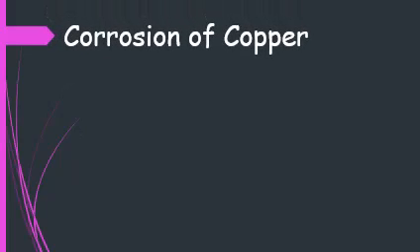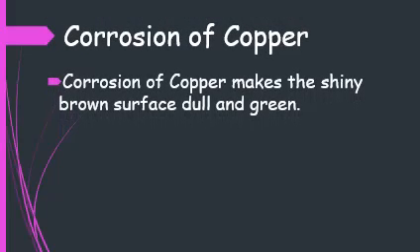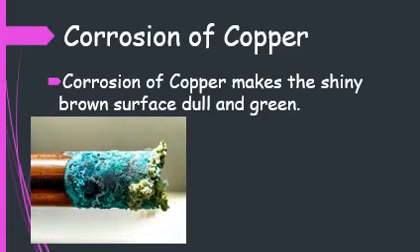The next one, corrosion of copper. Corrosion of copper makes the shiny brown surface dull and green. We can see over here the copper pipe becomes dull and green in color because it is corroded now.